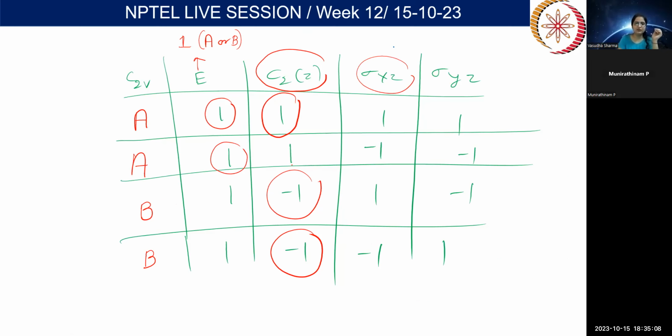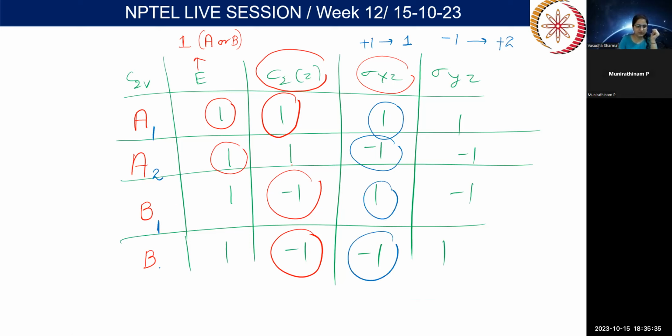If the character of sigma V is +1, it will give you a subscript of 1. If it is -1, it will give you 2. So sigma XZ, we are taking any of these two. Sigma XZ that is 1, right? This is symmetric, so the symbol will become A1. This is antisymmetric, -1, so it will become A2. This is symmetric, so it will become B1. And this is antisymmetric, so it will become B2.